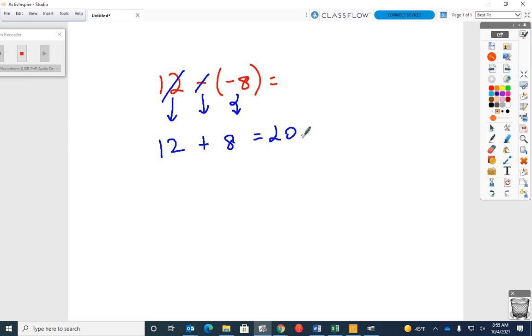Do you understand so far? Okay. Let's try another one. Mr. Pearson, I have a question about this. Sure. We need to label if it's negative or not. How would we know? Do we just look at the first one? I don't understand your question. We need to put negative signs and label it as the product or whatever.